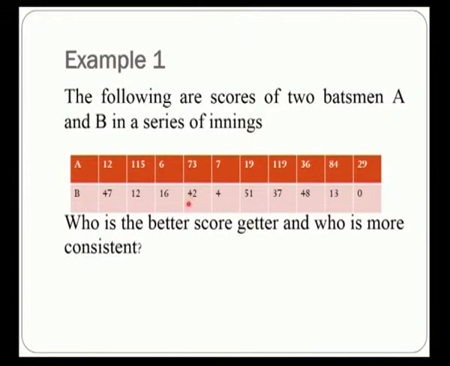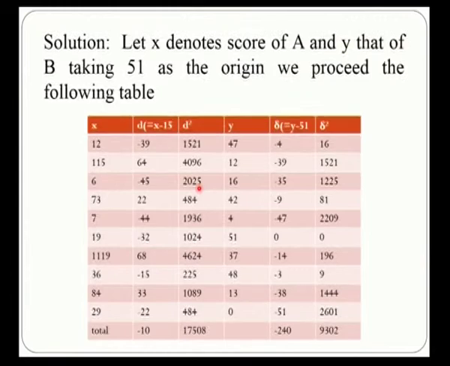Based on these two sets of data, by just seeing the data we can't predict which batsman is the better scorer and which batsman is more consistent. Only by doing some statistical analysis can we predict whether batsman A or batsman B is the better scorer. To do that statistical analysis, first we need to calculate D, delta, and D square.